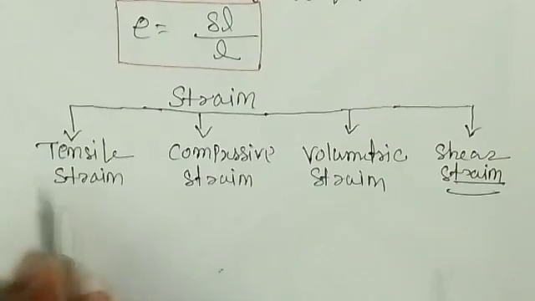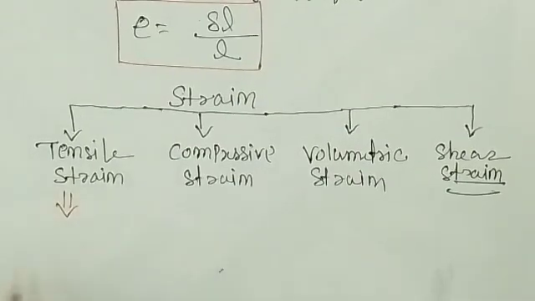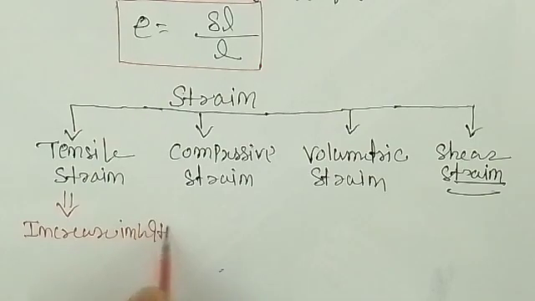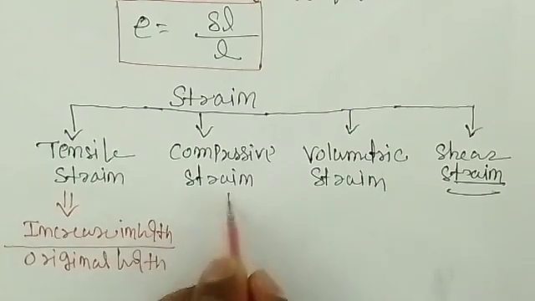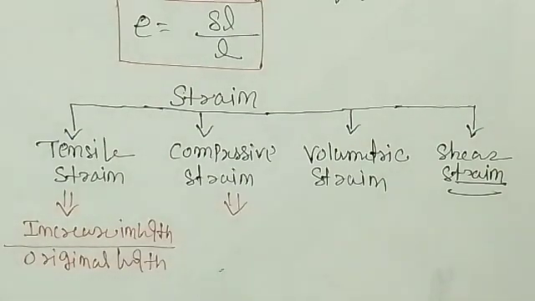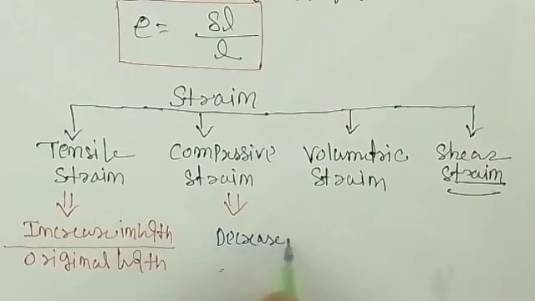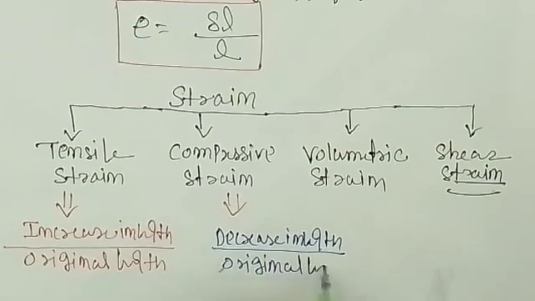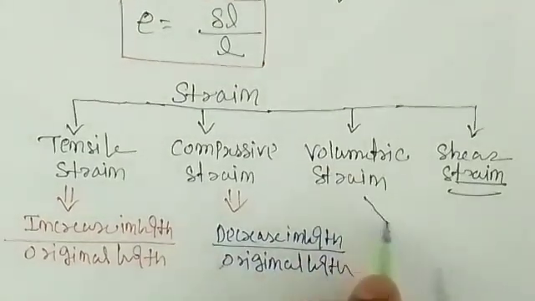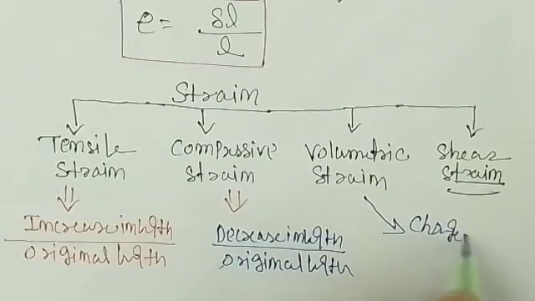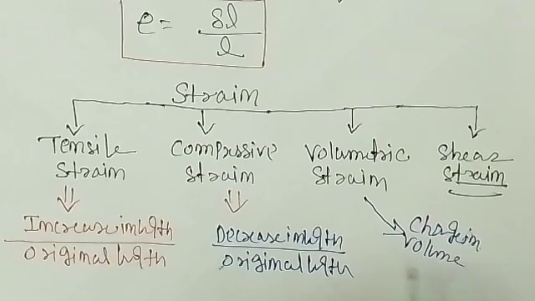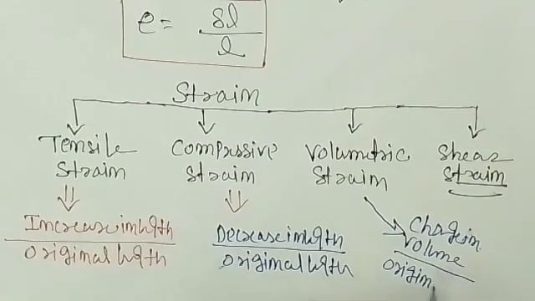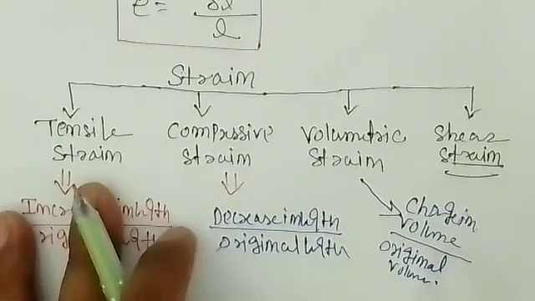You may make a note like this: tensile strain is the increase in length to the original length, compressive strain is the decrease in length to the original length, and volumetric strain is the change in volume to the original volume.